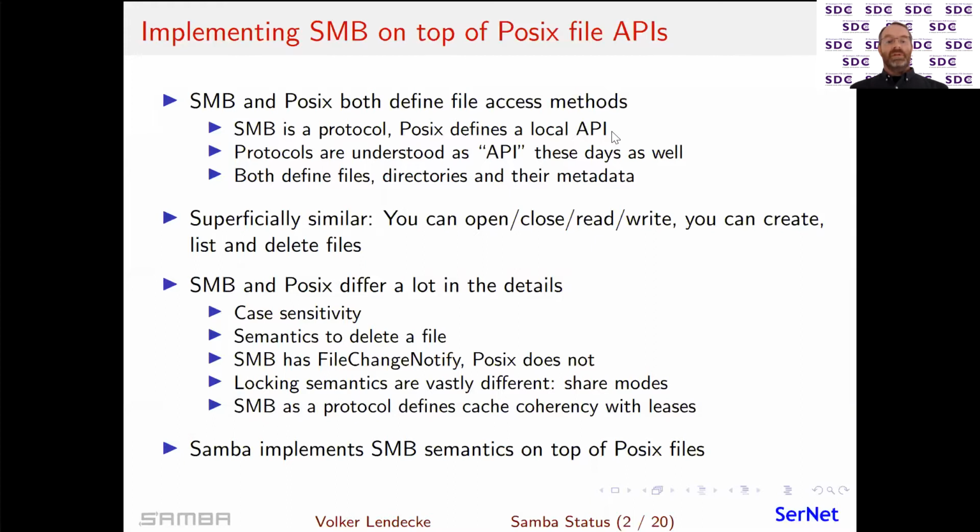If you now look at locking semantics, they are vastly different. SMB by default has something called share modes, which is essentially a way to open a file in a mode so that nobody else can open the file concurrently. POSIX would call this mandatory locking, I guess, but I haven't really seen a use of mandatory locking in the field yet, so I'm not sure if it's correctly implemented.